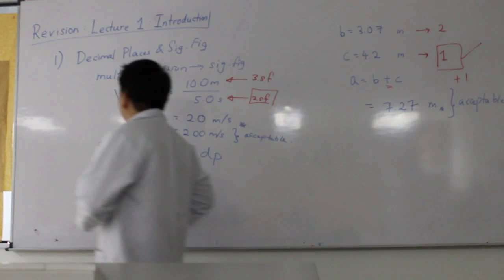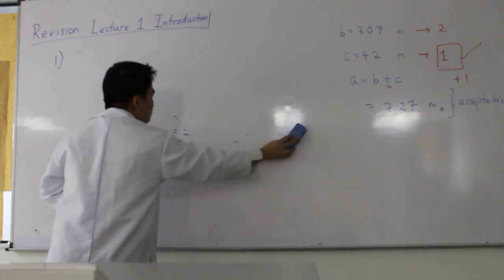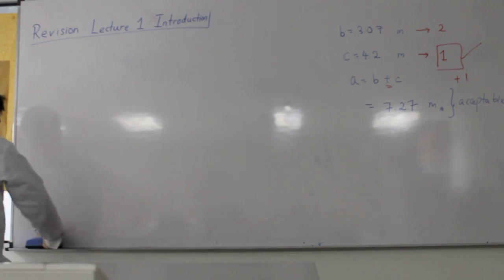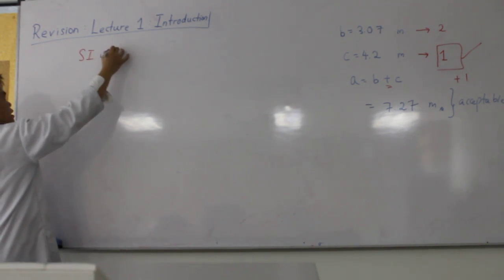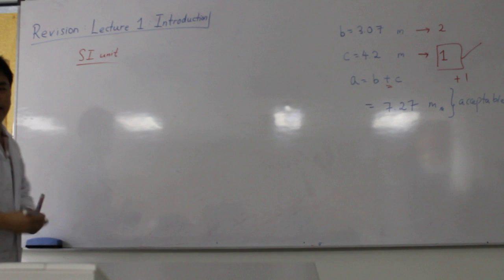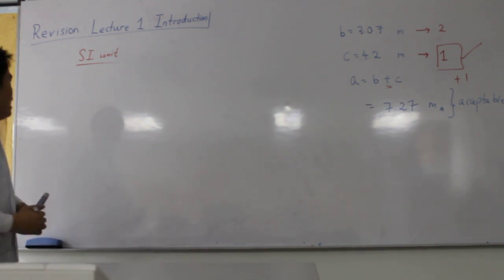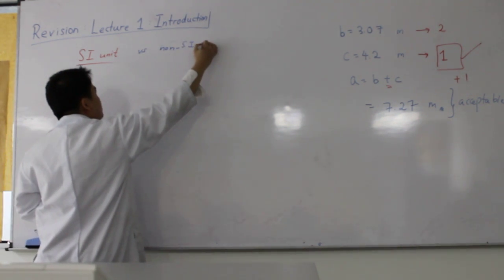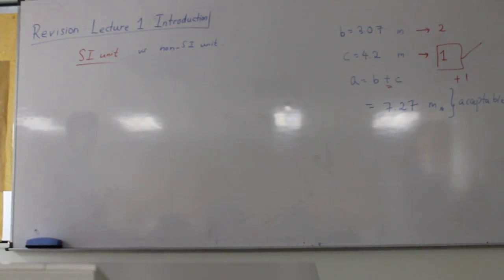And for that, I would like to move to another part, which is conversion of unit. Basically, we study what is SI unit, and I think this one I don't need to repeat since you already learned it in SPM and should be quite familiar. And versus all those non-SI units. It can be metric unit, it can be some other unit, but the most important is you know how to convert it.